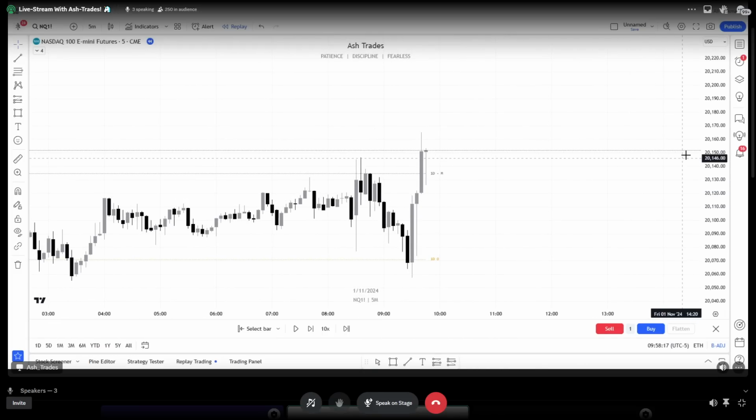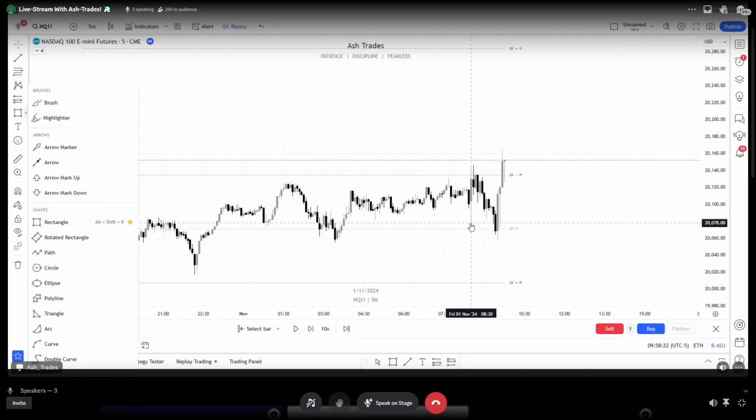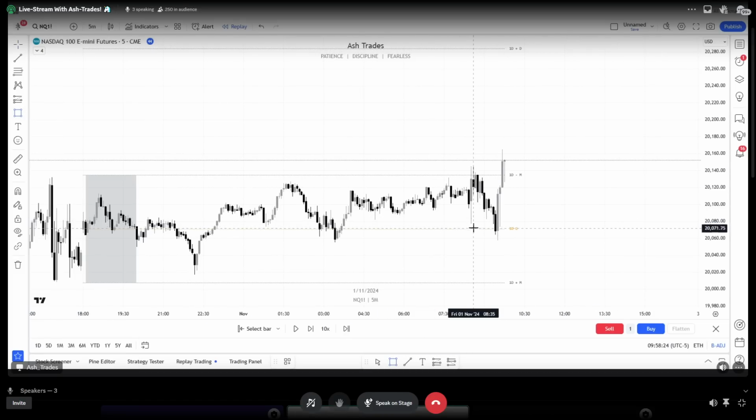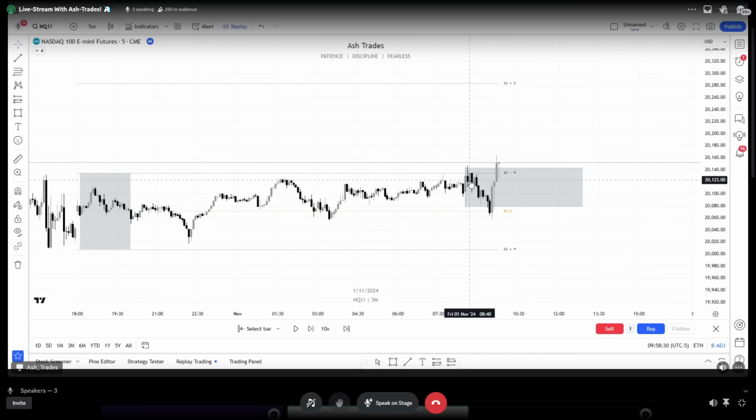So now we're looking at acceptance above the range along with a continuation unicorn, breaker plus FVG. It looks like actually, nope, that is after the swing high. So this is correct: breaker plus FVG, bullish unicorn, while we are accepting above the range. This is what I would be looking at here.